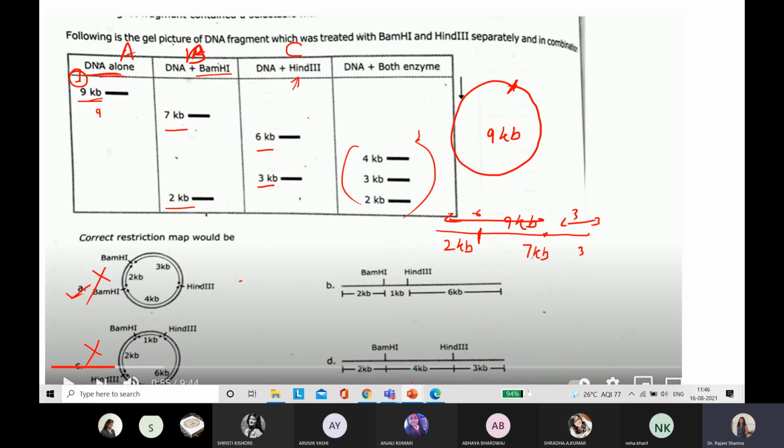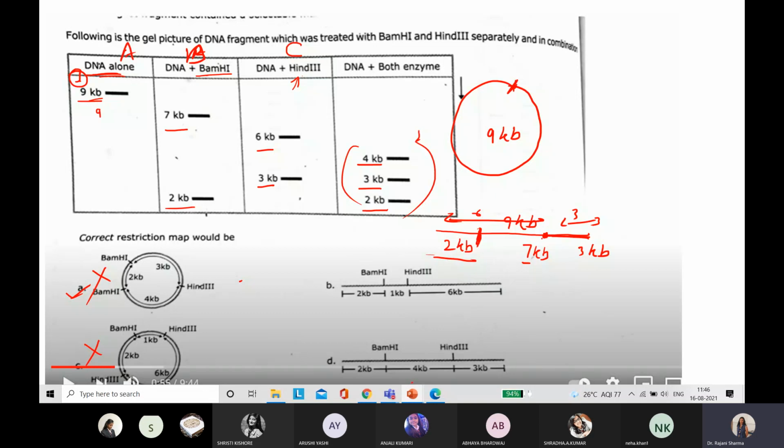Now to find out the exact position of HindIII, we have cut the DNA with both the enzymes, BamH1 and HindIII. So what is it giving? It is giving 4 kb, 3 kb and 2 kb. Definitely the 2 kb length is not disturbed. From this side also the 3 kb length is not disturbed. But we are missing a portion of the 7 kb.